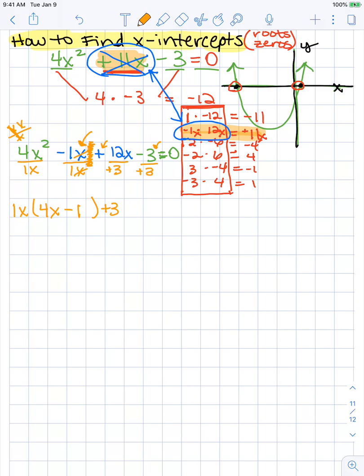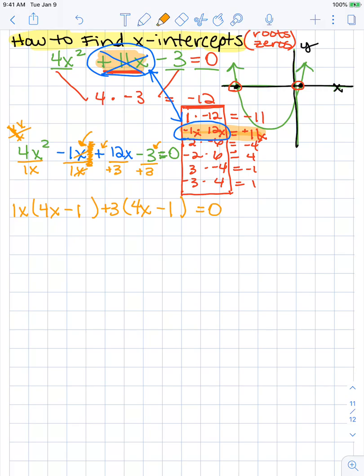There are no x's with this term, so I'm not going to divide out any x's. And I'm going to write down in parentheses what I have left over when I'm done doing my division. 12 divided by 3 is 4, and I still have an x there. And negative 3 divided by positive 3 is negative 1, and this is still set equal to 0.